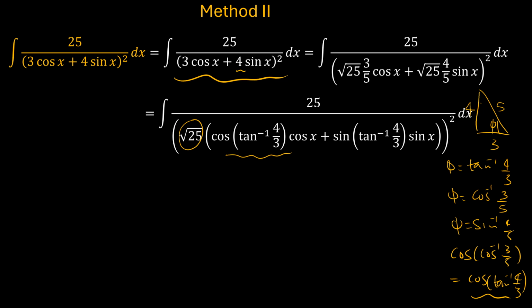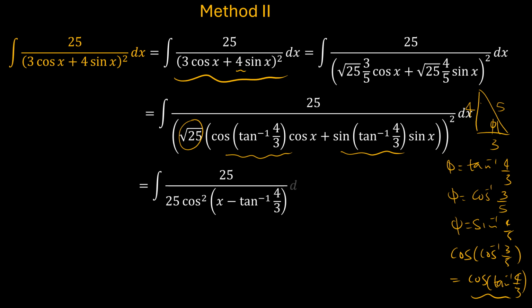And then 4 over 5 is the same as the sine of the arcsine of 4 over 5, which is the same as the sine of the arctangent of 4 over 3, which we've written here. So the square root of 25 is 5, and then when you square it, it becomes 25.